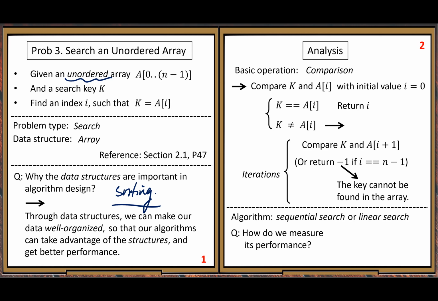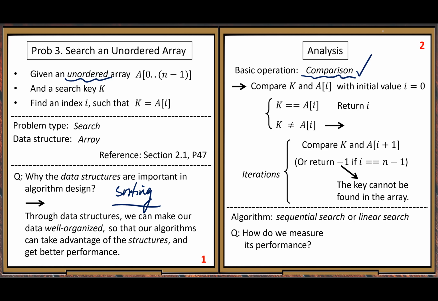Here, this question: how do we measure its performance? We know its basic operation is comparison. In this question, we do not do addition, we do not do multiplication, as in our polynomial evaluation. So our basic operation is comparison.